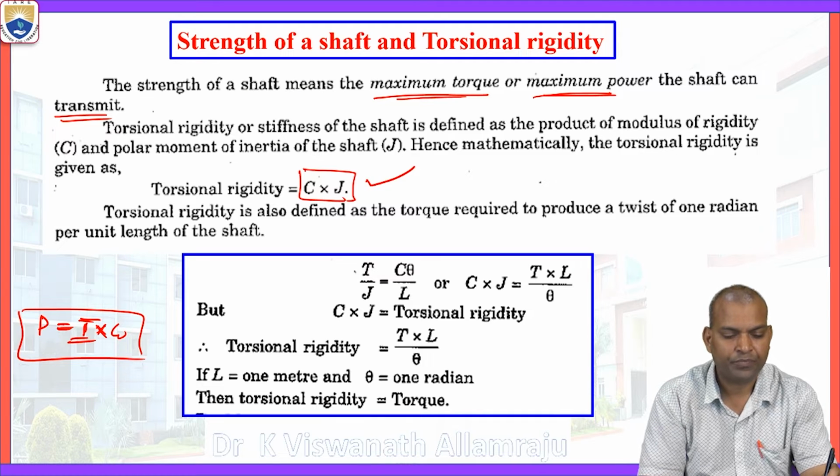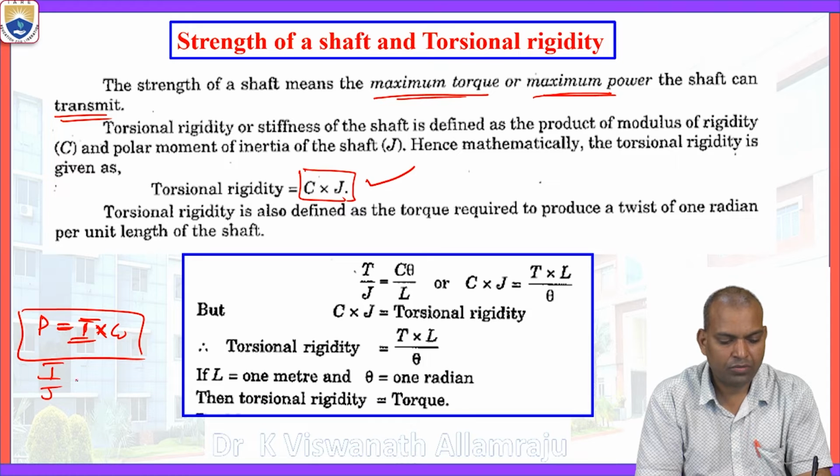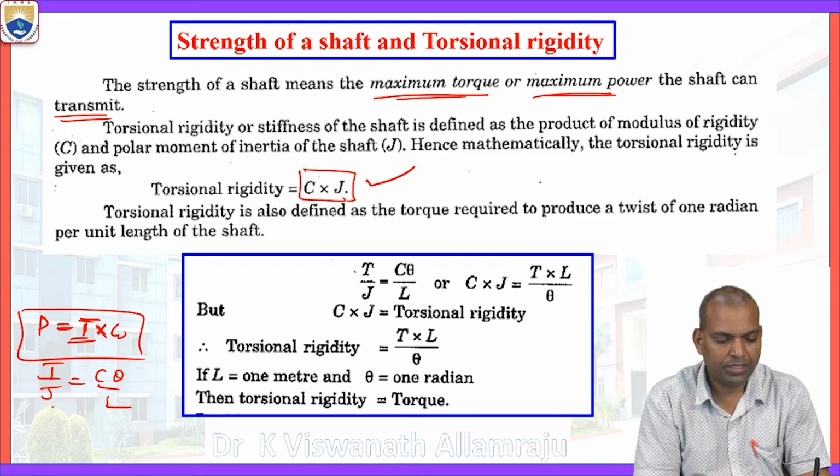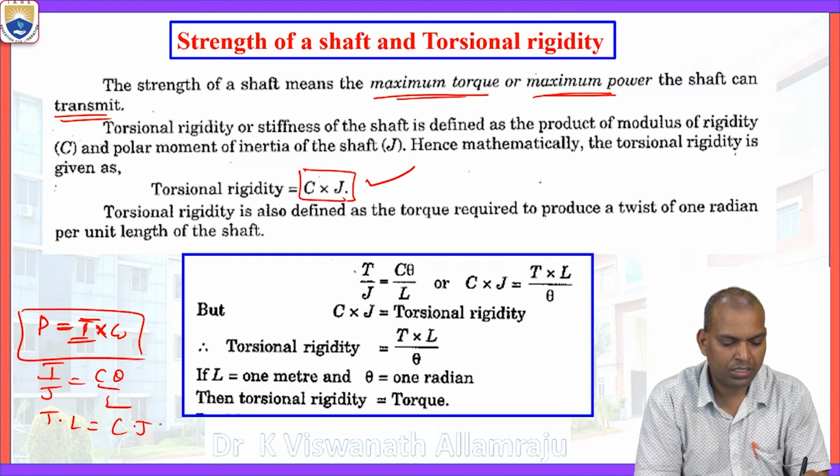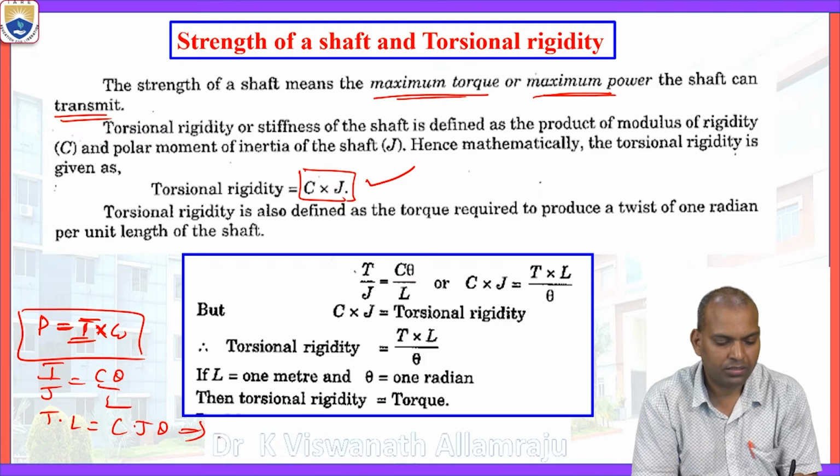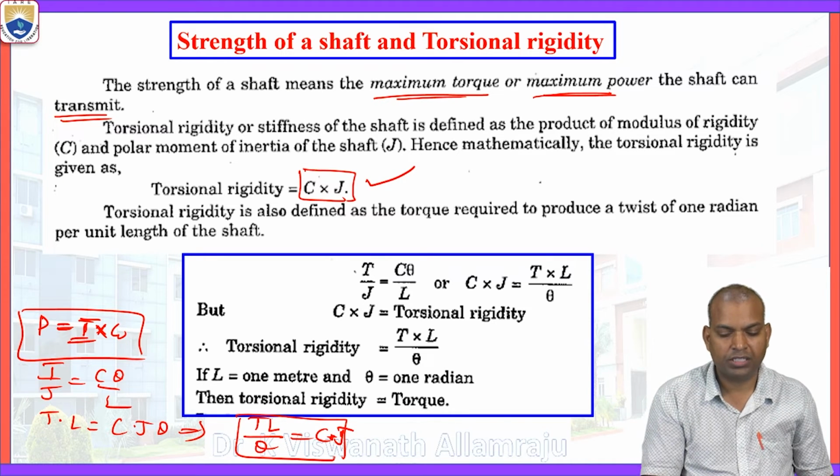Now we know the relation T by J equal to C theta by L. Then what will happen here? Combining, T times L equal to C times J times theta. And from here TL by theta equal to CJ. The CJ is known as the torsional rigidity.